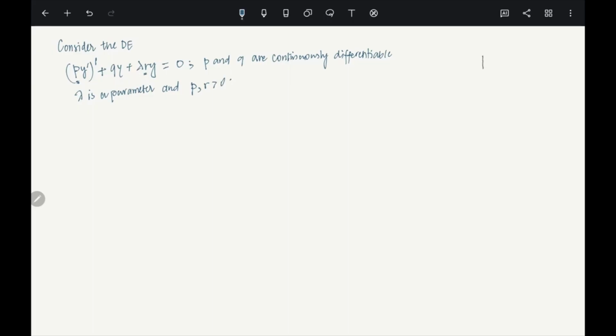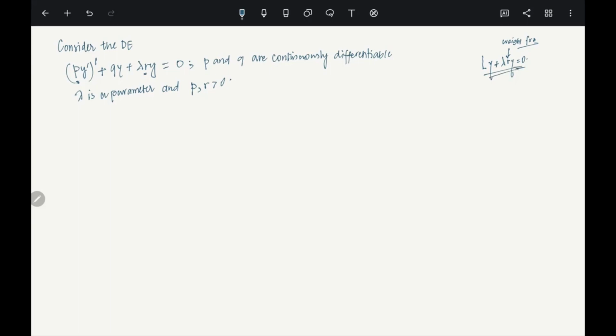We are going to write it like this: Ly plus lambda r y equals 0. The r corresponding to lambda will be called a weight function. This is the form in which you are going to write it.